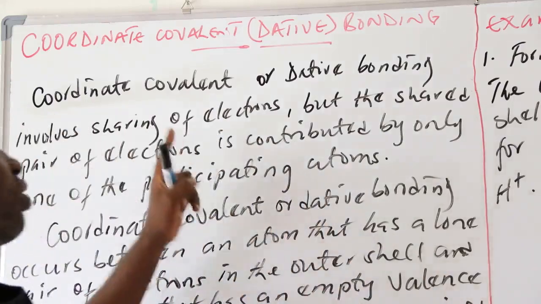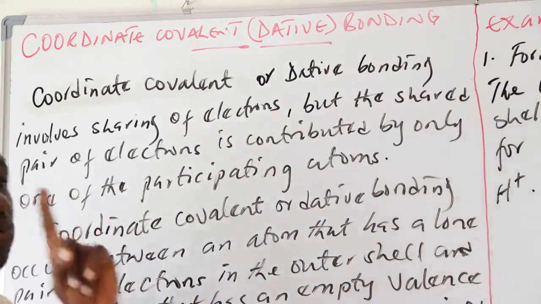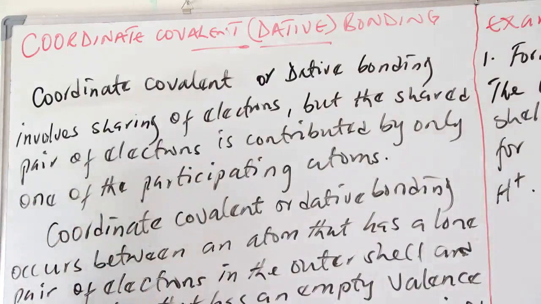But in coordinate covalent bonding, only one of the participants contributes the pair of electrons to be shared. So that is the difference between coordinate covalent bonding and an ordinary covalent bonding.